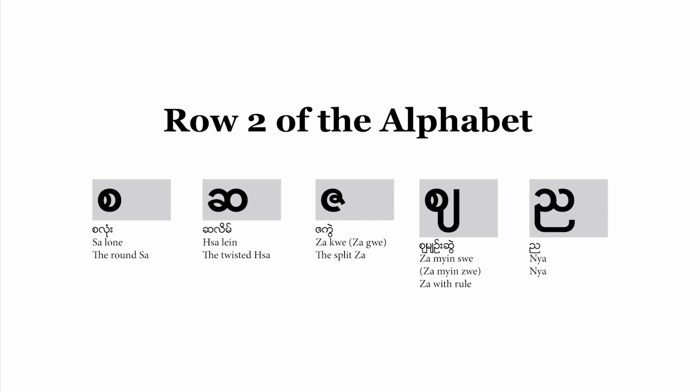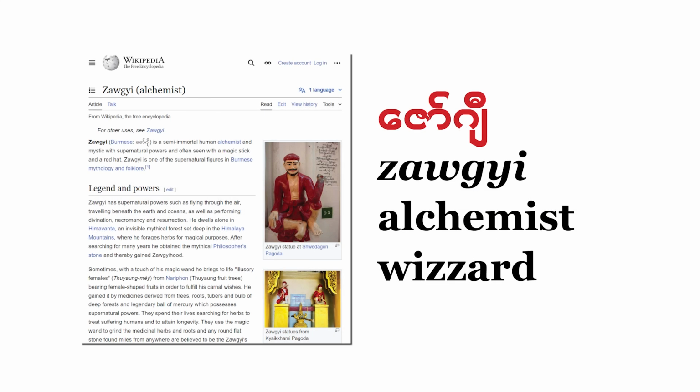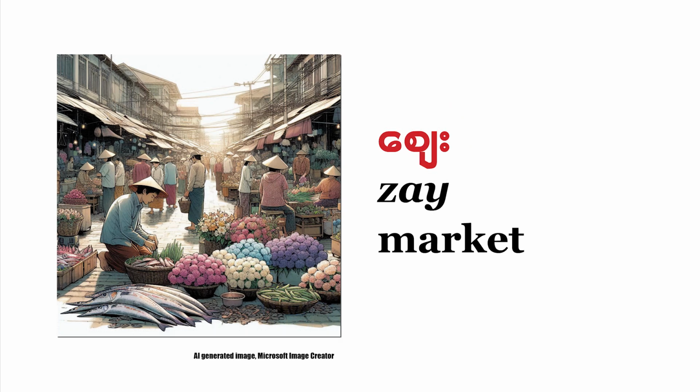For example, you use za with a split to write the word zorji, for wizard or alchemist in Burmese folk tales, and za with a rule to write the word ze, for market. The final consonant in this row is nya.